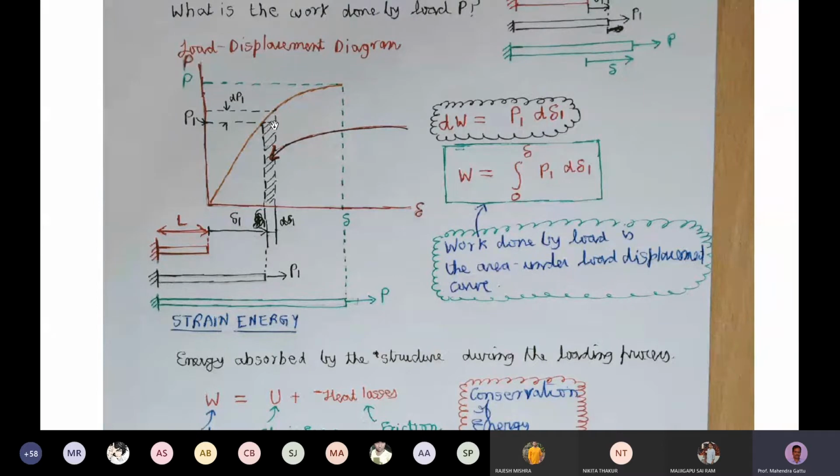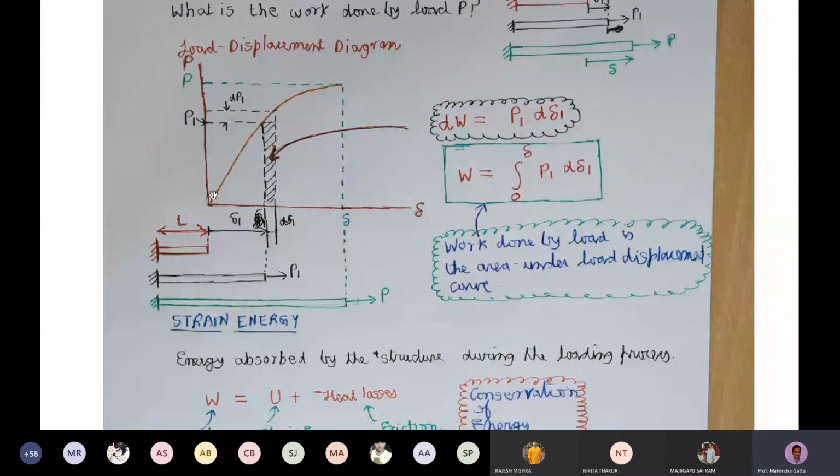Because of this, the force will increase a little bit, P1 plus dP1. We calculate the work done by the force P1 for this displacement d delta 1. That is given by this rectangular shaded area, P1 times d delta 1.